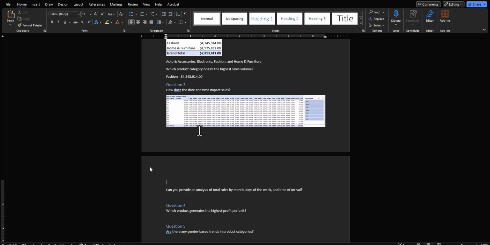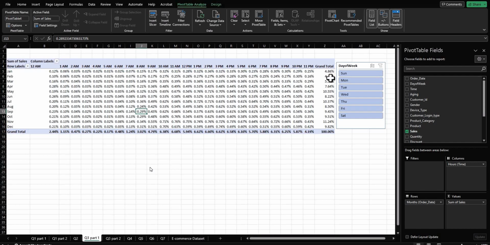Instead, I'm going to put, let's say, how does the date and time impact sales? I'll say that if we look at the sales data across all the different months, let's take a look at that real quick. It looks like first quarter we have pretty poor sales, and they pick up after that.